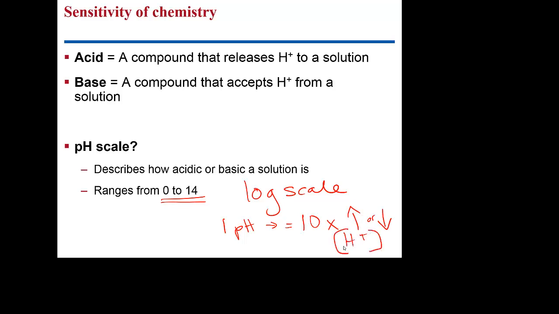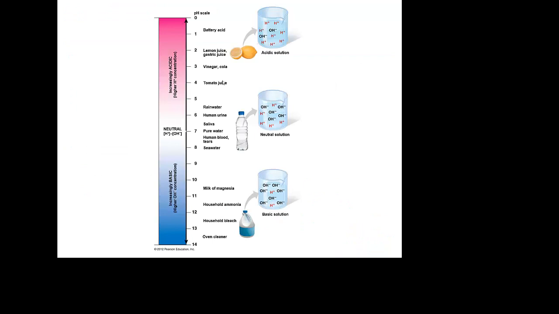Meaning that we may talk about pH of 2 or pH of 3, but that actually on our scale means that between vinegar and cola, being more acidic means higher H+ concentrations. So if I go from tomato juice at 4 to vinegar or soda at 3, this is actually a 10x increase in the number or concentration of hydrogen ions.